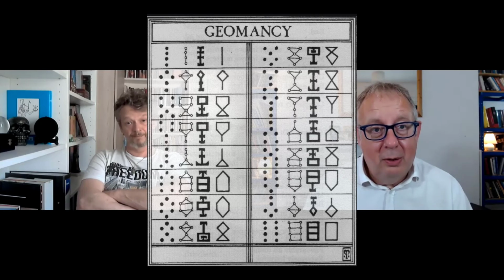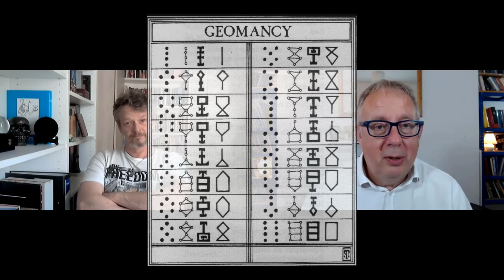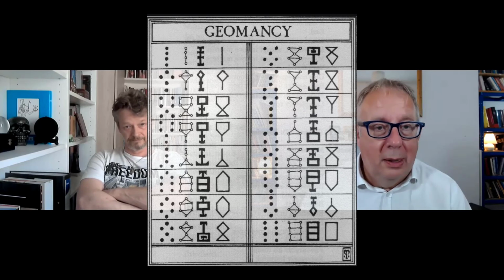We're going to do a Night Riders about sigils at some point, and Austin Osman Spare. So we're going to talk about Kenneth Grant and Osman Spare and all these other people as well. That's another legitimate system of divination and invocation and evocation, and you can do exactly the same thing with geomancy.